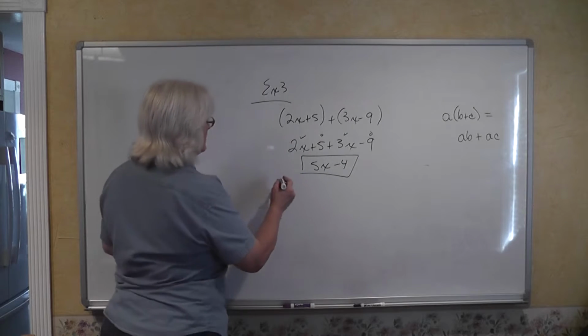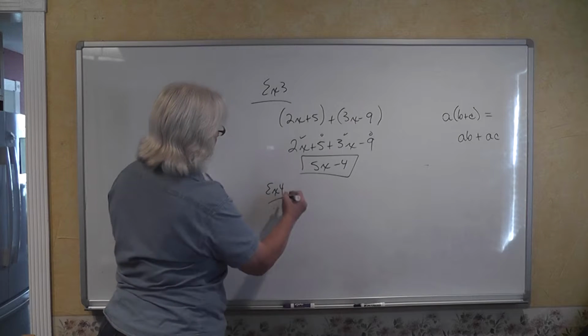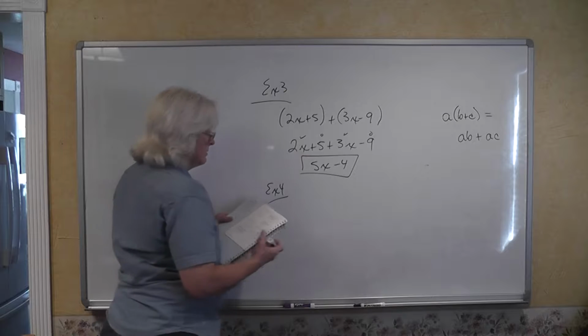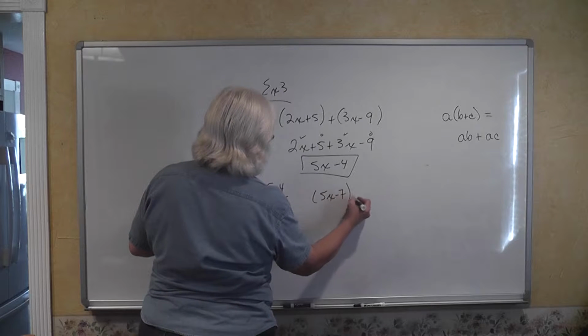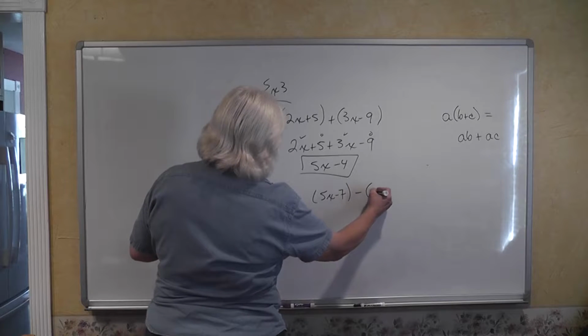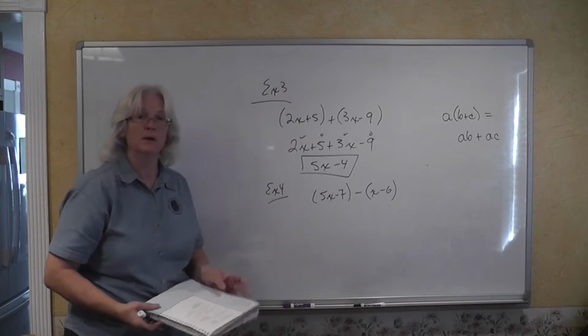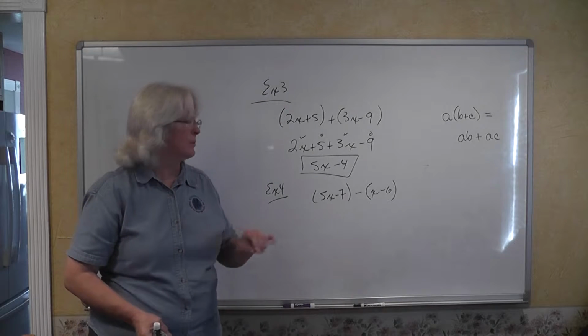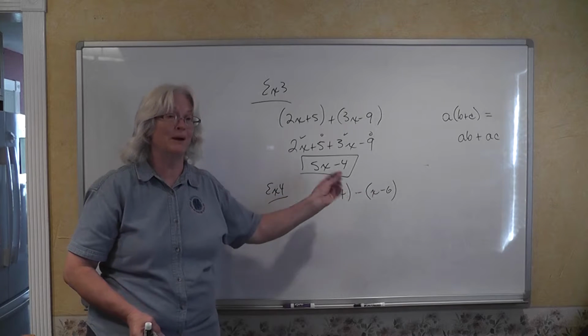Now let's see what we have for example number 4. Right here we have the quantity 5x minus 7 minus the quantity x minus 6. Follow closely what we're doing here, because we're going to multiply by a negative 1.